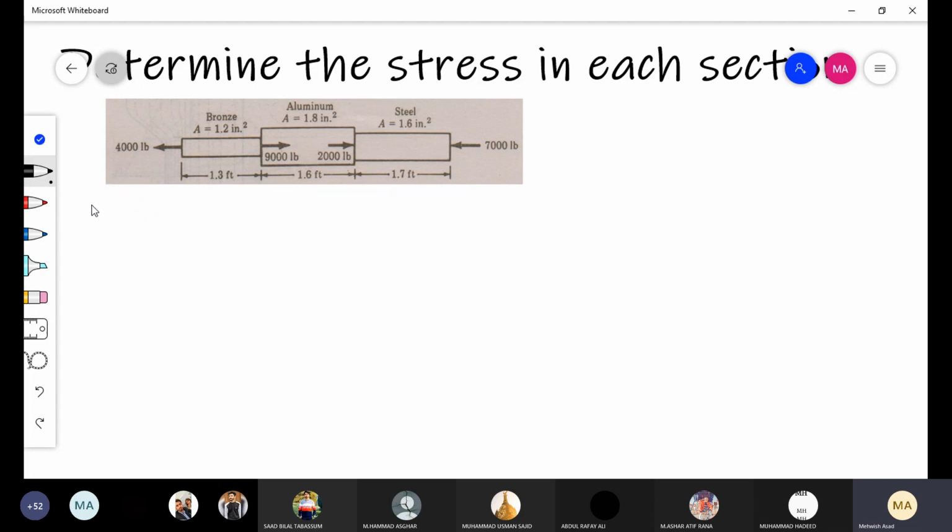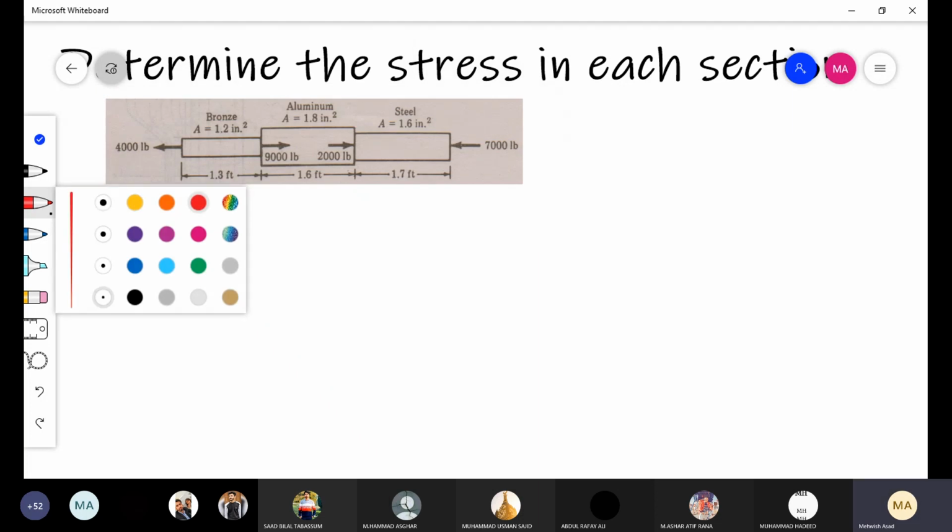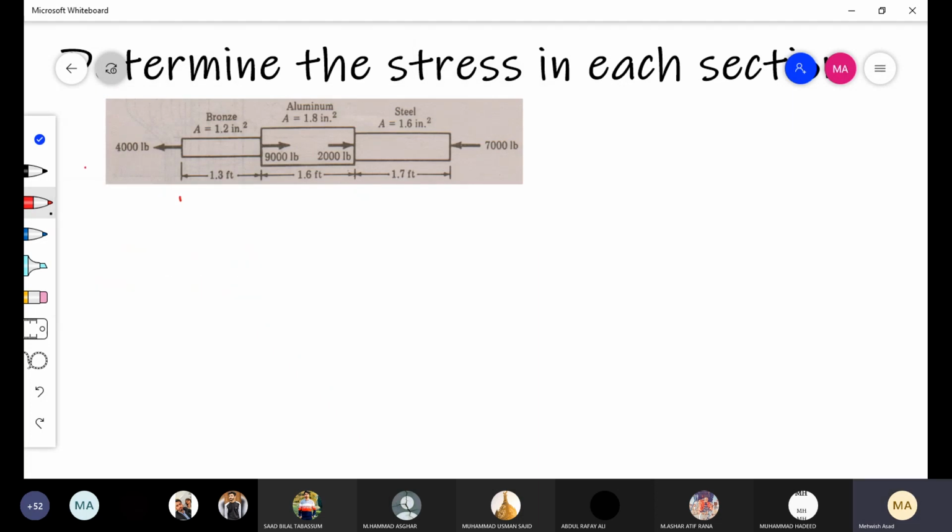So we will start with one end. Means if I am starting from bronze section, so we will start from the bronze section, then we will go to the aluminum section and then we will go to the steel section.